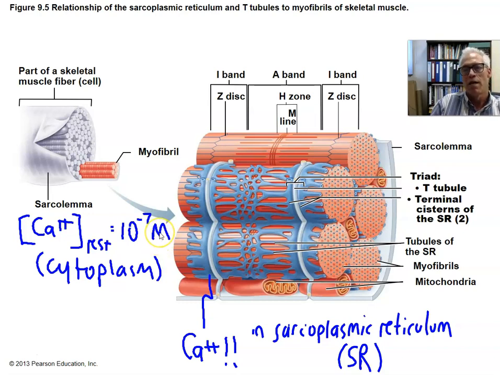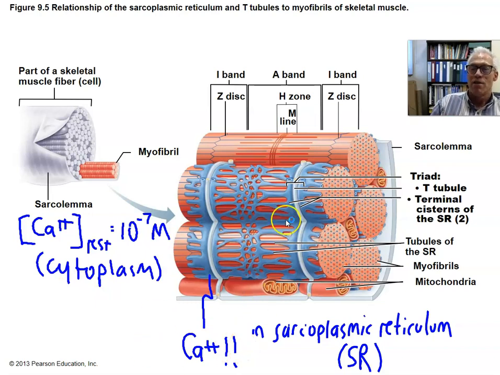Molarity is a measure of concentration, as you may know. A negative exponent means the same thing as saying 1 divided by 10 to the 7th power molar. In other words, 1/10,000,000th molar calcium is found in the cytoplasm. It's nada. You can just call it 0 at rest.